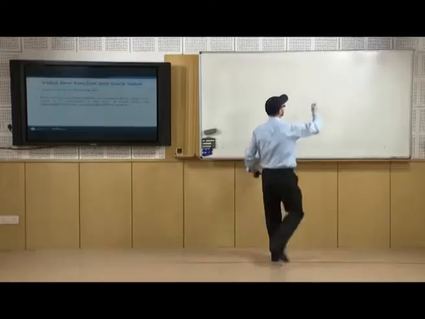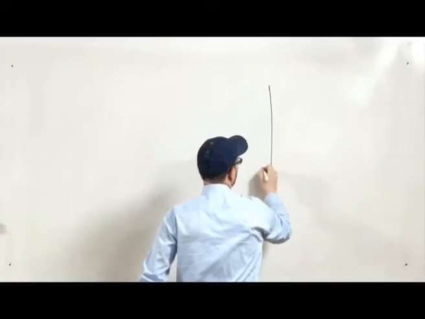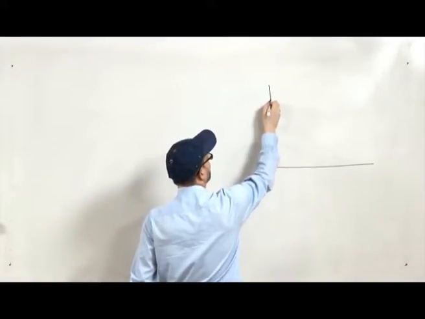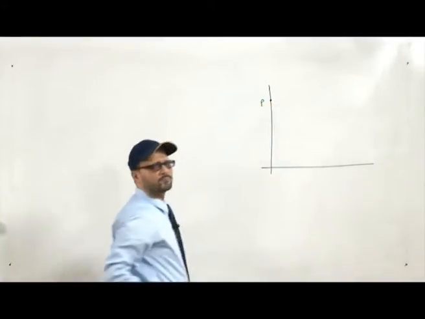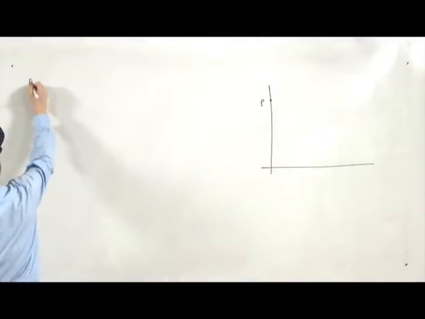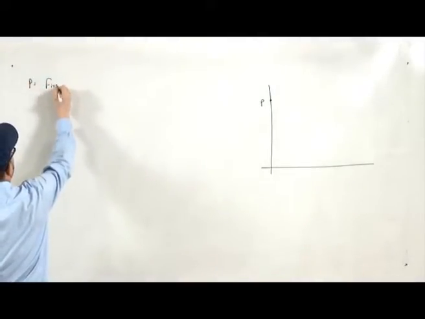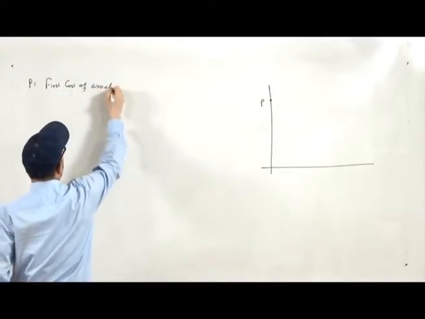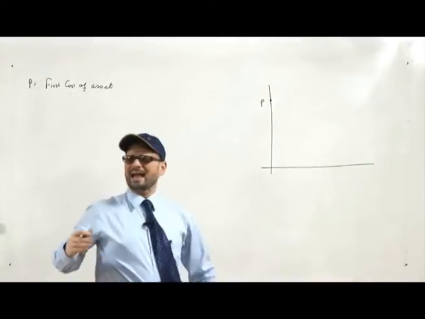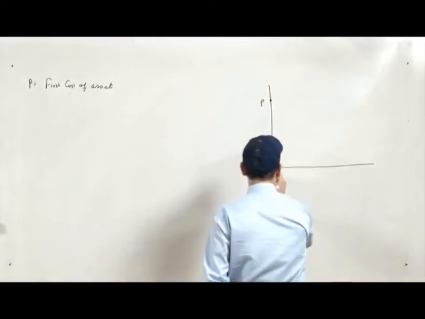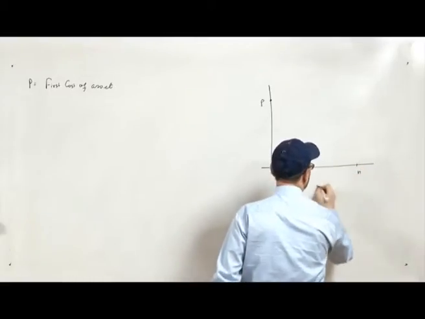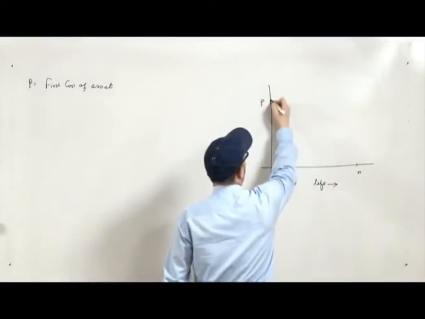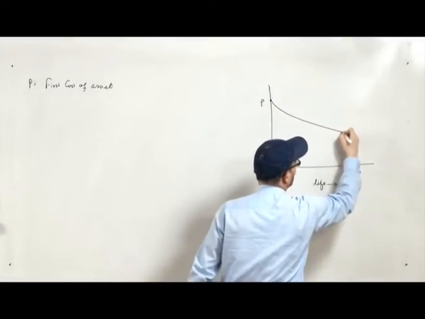If you have an asset whose first cost is P, and the asset has n years of life, the value may change.